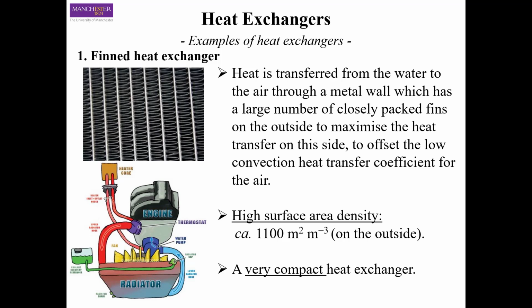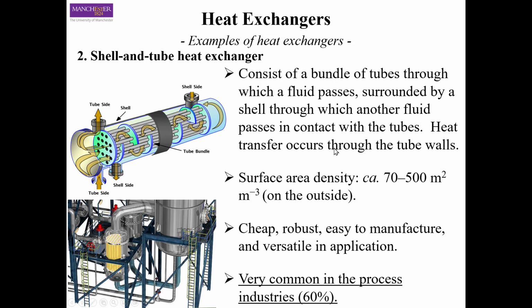So we really need a very efficient heat exchanger to cool it down very quickly. That is why we use this finned heat exchanger, because it provides a huge surface area to volume ratio. The next type of heat exchanger is what we call the shell and tube heat exchanger.